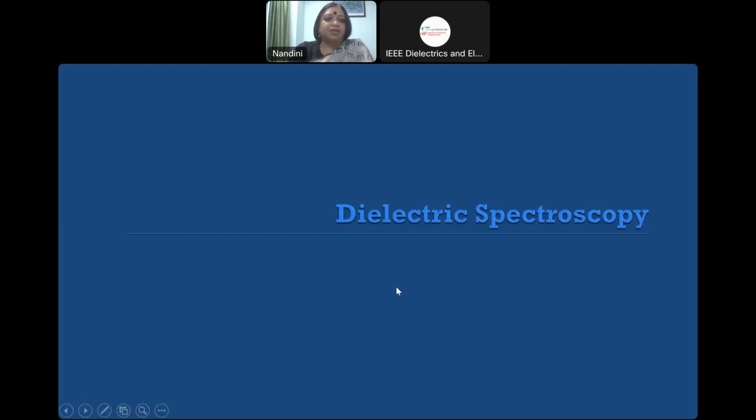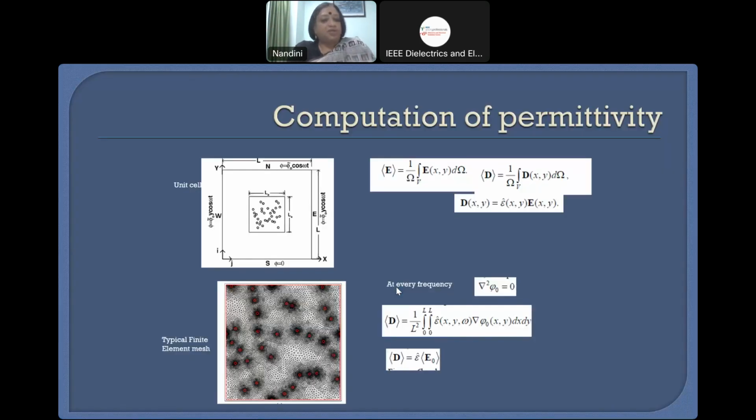The next methodology that I want to talk about is the one that uses dielectric spectroscopy. Here what we do is we use finite element analysis, of course, to have a representative volume element, a periodic volume. And we apply an electric field across the sample, and assuming periodicity, we try to compute the effective permittivity of the composite.